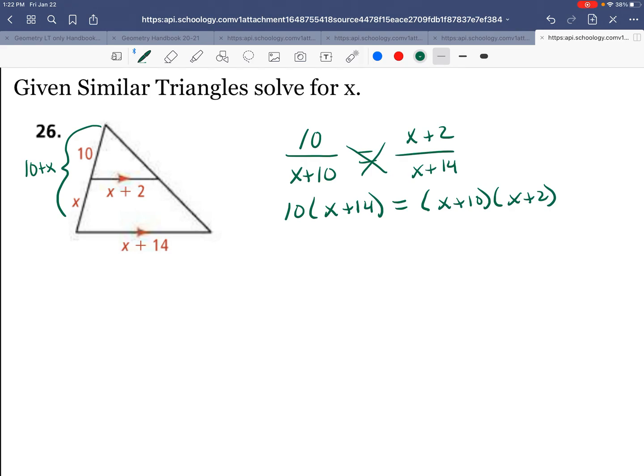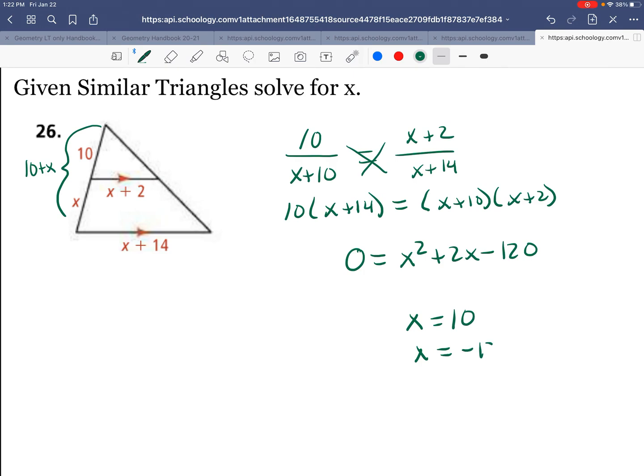Now that simplifies, I'll spare you all my algebra, to the quadratic equation 0 equals x squared plus 2x minus 120. And that quadratic equation you put into PlySmlt and you get two answers. x equals 10, x equals negative 12.